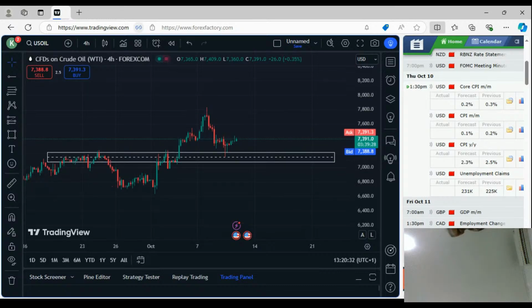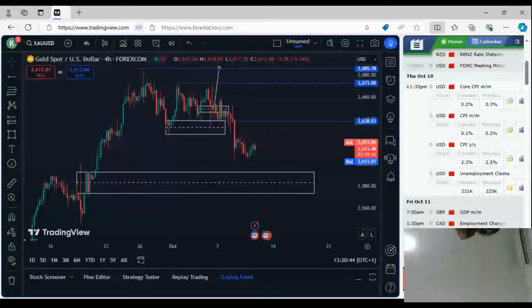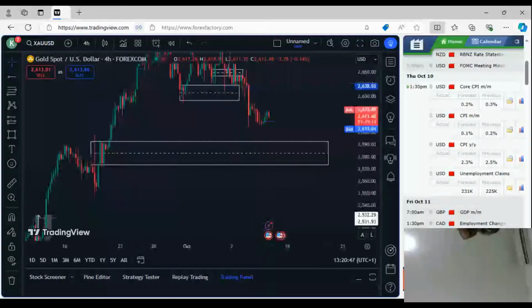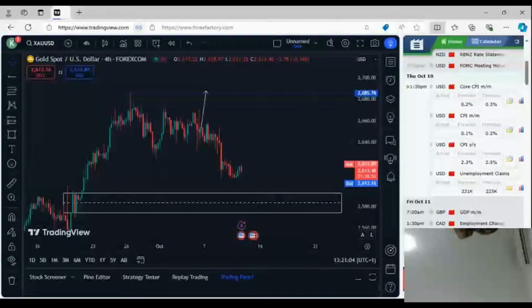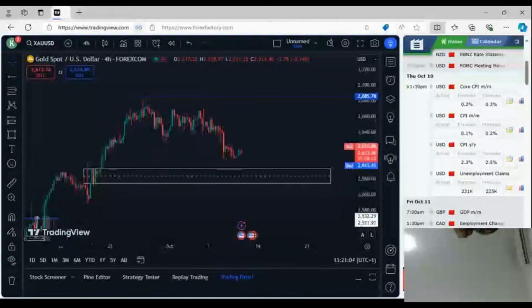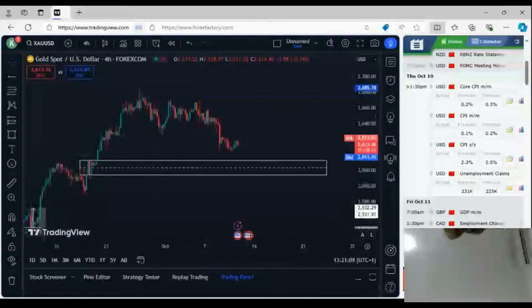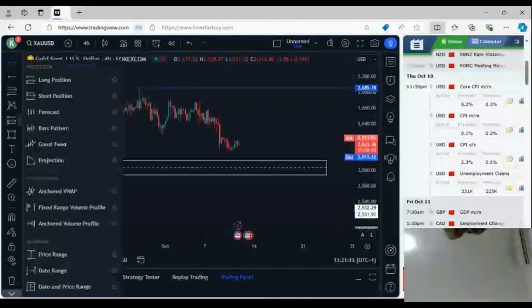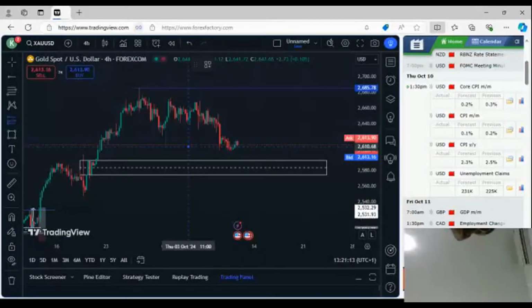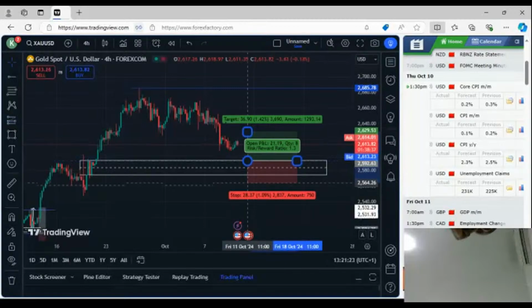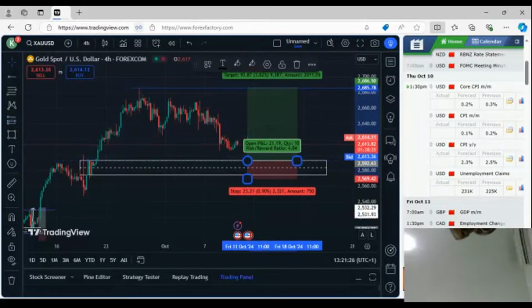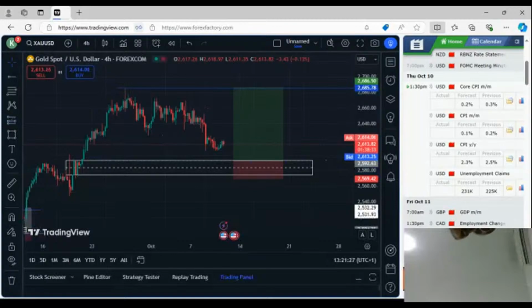So let's quickly go down to the gold. I'm looking at two areas, but I feel this is more important, which is when there are wars in the market. So this is what I expect the gold to do. We can see the market is dropping, but due to the uncertainty of Iran and Israel, you can see the gold market is still consolidating.